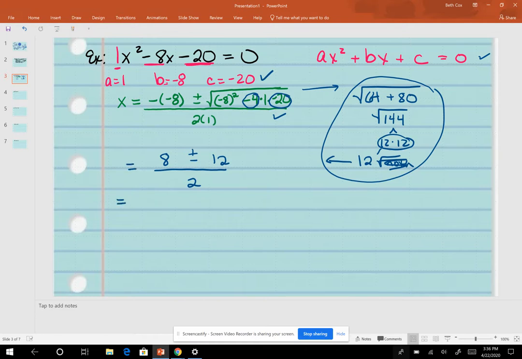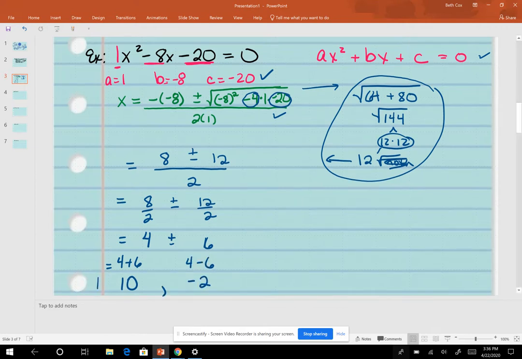So this is really 8 over 2 plus or minus 12 over 2. Now I'm going to simplify. That's 4 and that's 6. So I get two answers, 4 plus or minus 6. Well, 4 plus 6 is 10, and 4 minus 6 is negative 2. And those are my two answers.